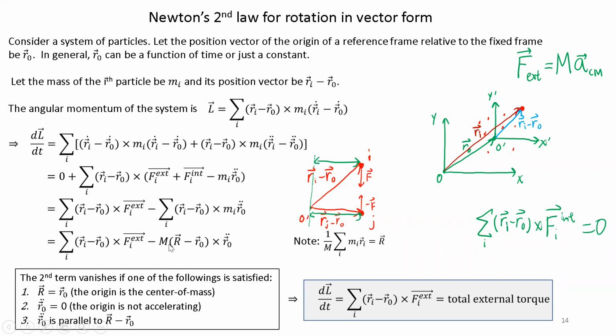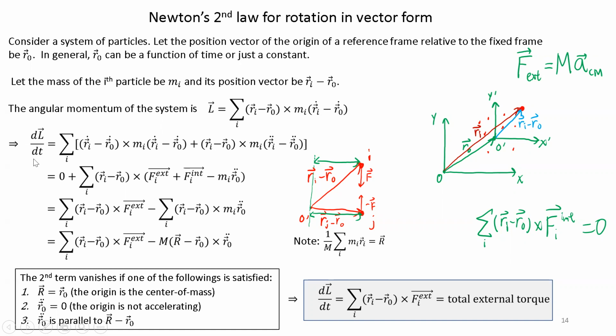So what is capital M? Capital M is the total mass of the system. And what is capital R? That's the center of mass position.